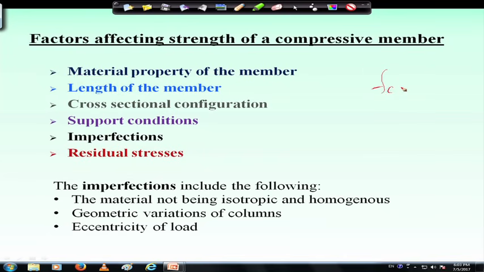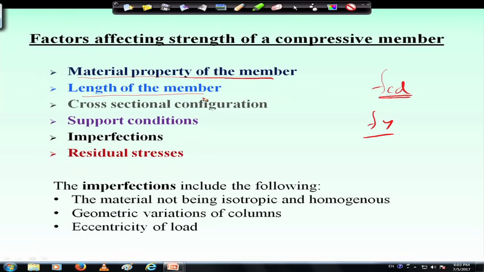The design compressive strength Fcd depends on Fy, that means the yield strength of the member, so it depends on the material property. Another factor is the length of the member, because we have seen the Euler critical load is inversely proportional to the radius of gyration and thereby the length.